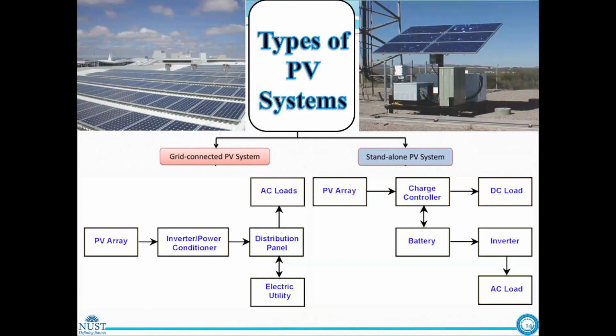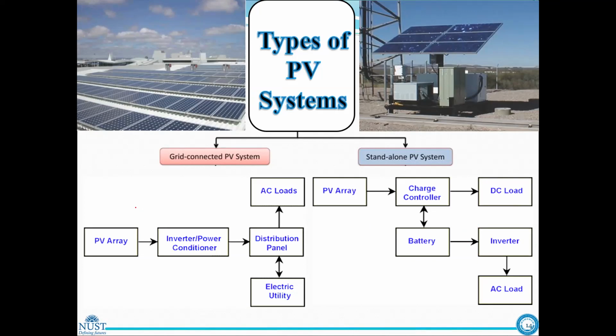Components of such systems, in the case of standalone photovoltaic arrays, include controllers to charge the battery or to run the loads. And if we have to run AC loads as well, then we can include an inverter in the system to convert DC electricity to AC currents.